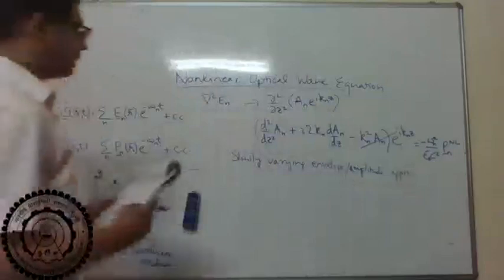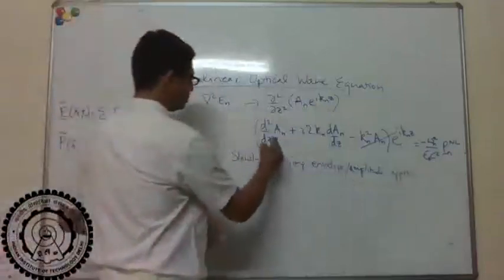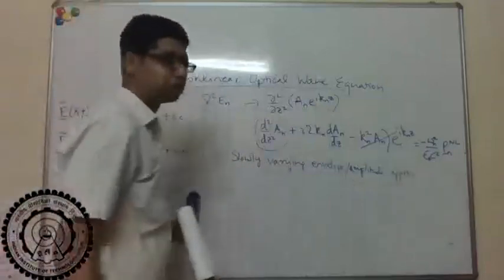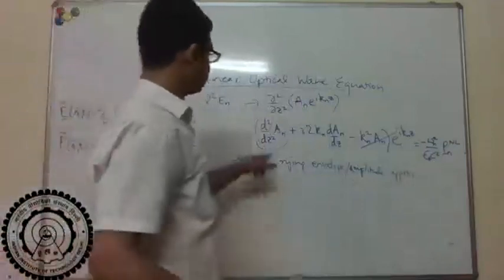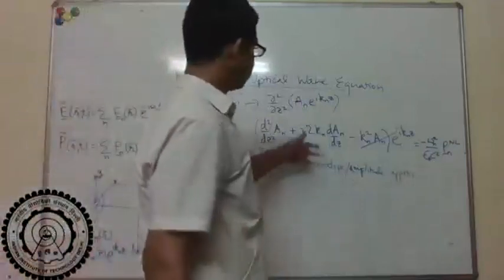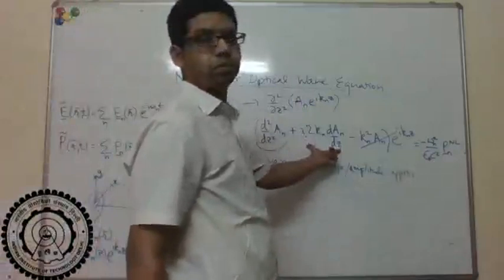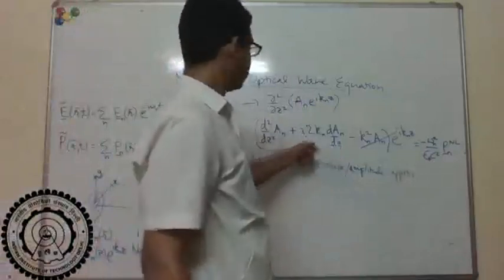Basically what we are saying is that we neglect this first term, the double derivative of the amplitude, which we say is much smaller compared to the second term.